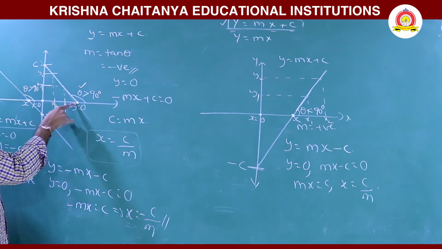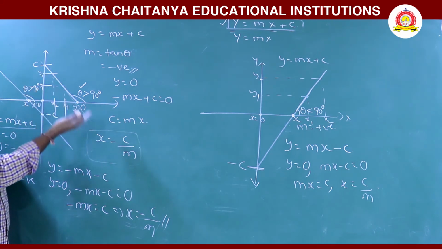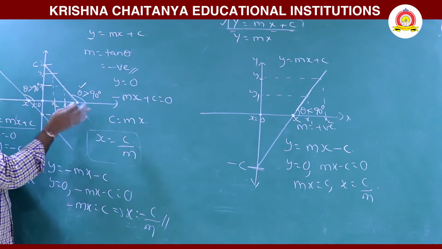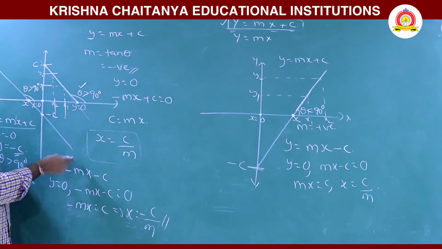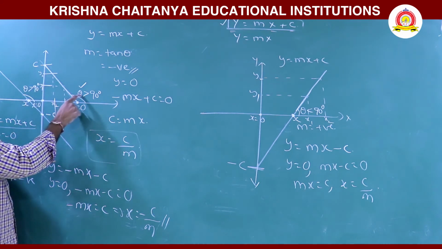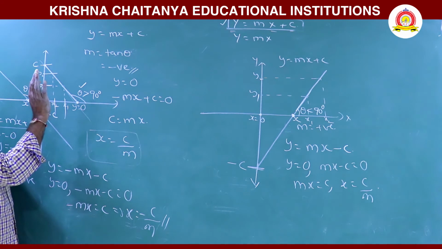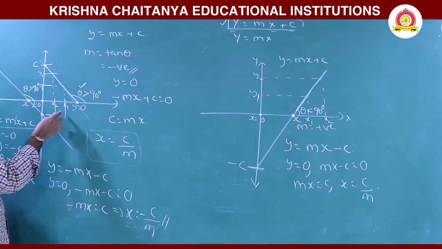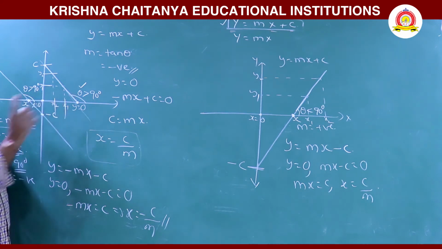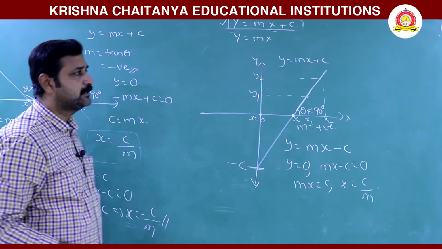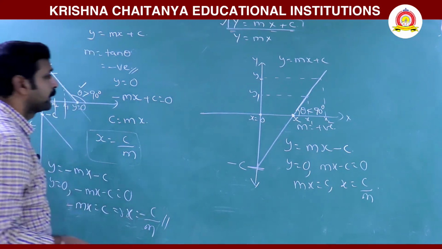By looking into the graph, you can find it. We don't know the angle, whether theta is 120, 150 or 100, whatever it may be, but by looking into the graph, you can easily say that here theta is greater than 90. Then after finding these differences in a positive way, simply put a negative sign. So these are the methods to find slopes.